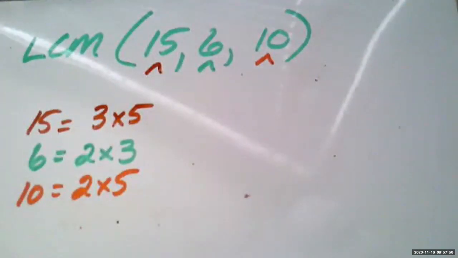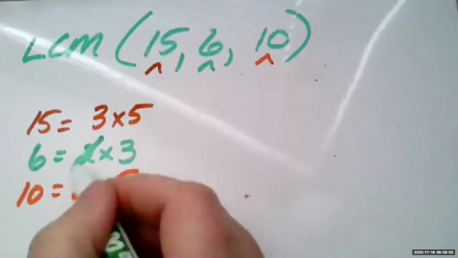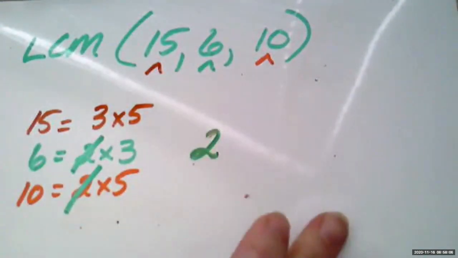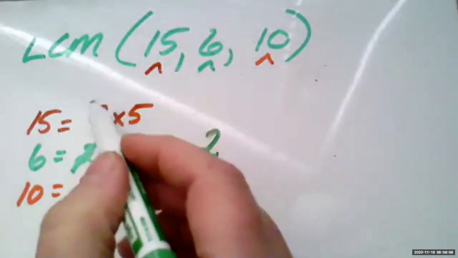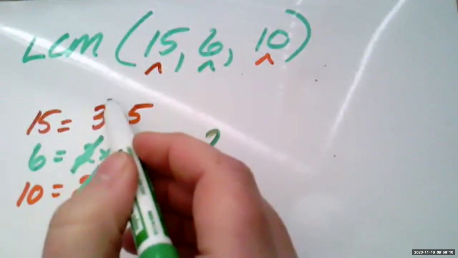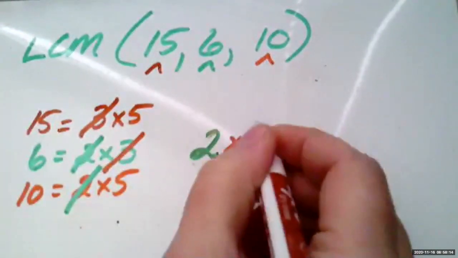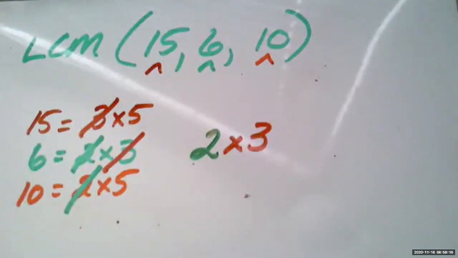Now we're just going to make sure that all these numbers are represented. All the numbers have to be represented, and you can go through and mark them off. I see a 2 and a 2, so I'm going to write a 2 over here. I see a 3 and a 3, so I'm going to mark off the 3s, but I have to put a 3 over here, so 3 is represented.